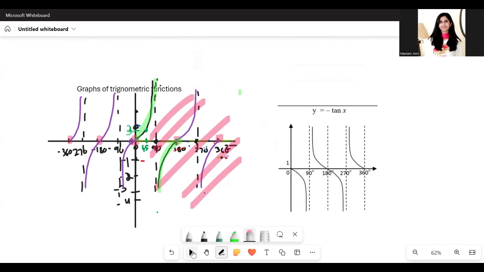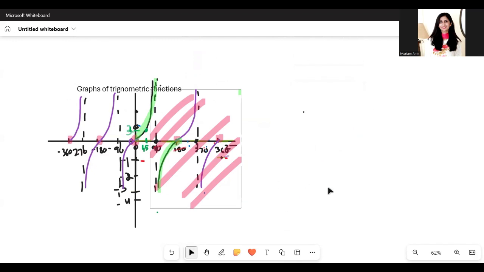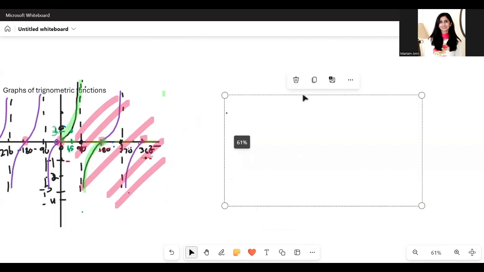Let's look at a couple of more variations. Okay. Next is negative 2 tan x, negative 2 tan x plus 1. Let me show that. First it's negative 2 tan x and then negative 2 tan x plus 1.